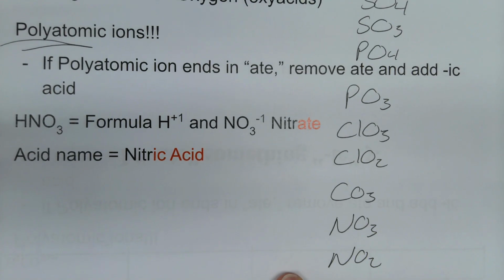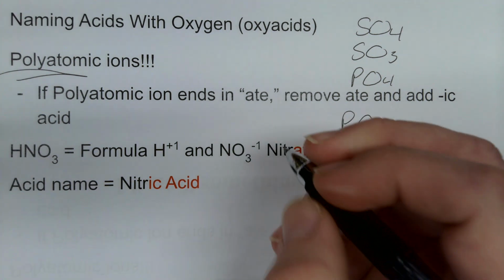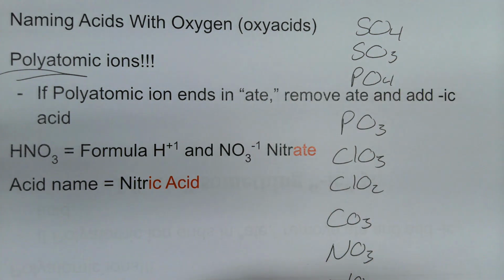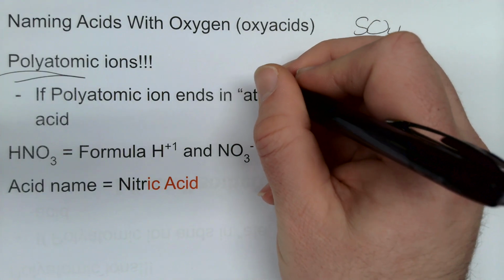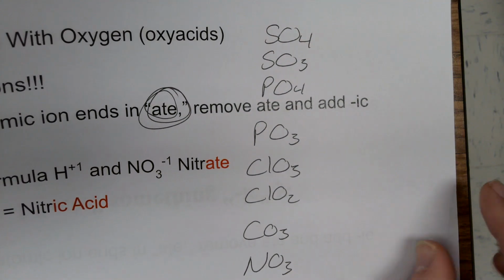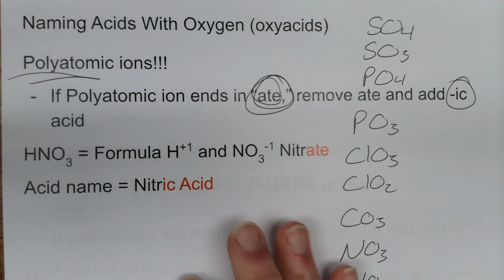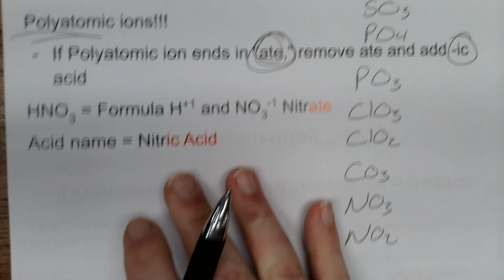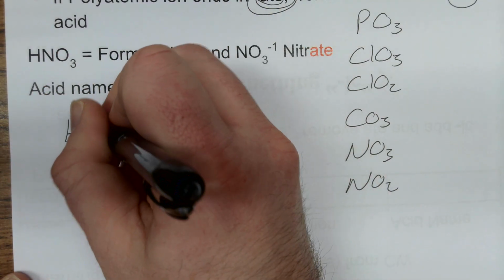So it won't say hydro. I have to make a difference between my ates and my ites. If my polyatomic ion ends with ate, I will remove the ate and just leave ic. So HNO3, my ions, H plus, polyatomic ion is nitrate.